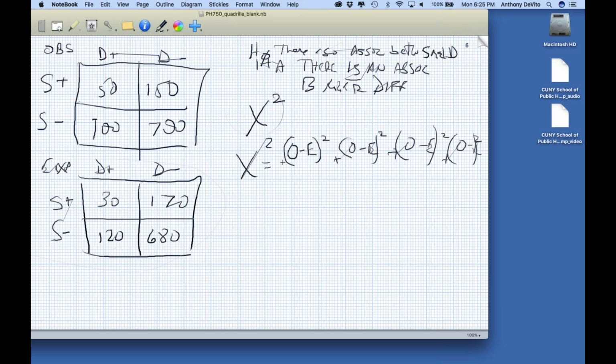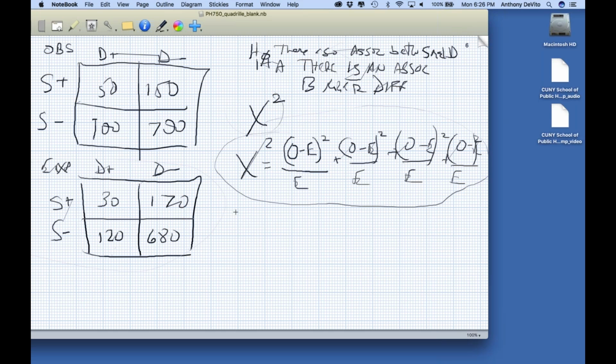So in order to bring them back into the range of numbers that we're actually dealing with, I'm going to just take that and divide it by the expected value. Divide that by the expected value, for each box. So now the numbers are more like what we started with, 20 and 40 and so on and so forth, right? So this is going to be my statistic. This is the way I'm going to calculate my statistic, my chi-square.